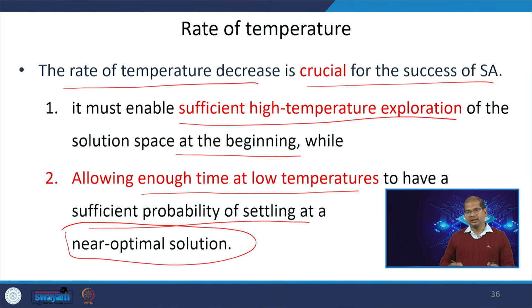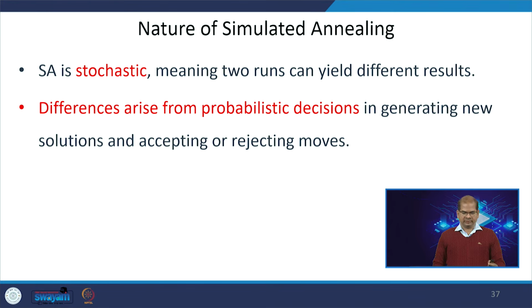However, if I run the algorithm for multiple iterations, there is a chance I can reach a near optimal solution, because these problems are designed such that it is very difficult to get to the optimal solution. So a near optimal solution is also a good solution for the problem. It is stochastic, meaning two runs can yield two different results, because it is driven by random numbers.